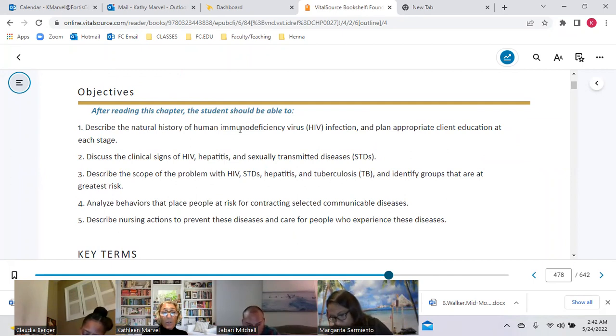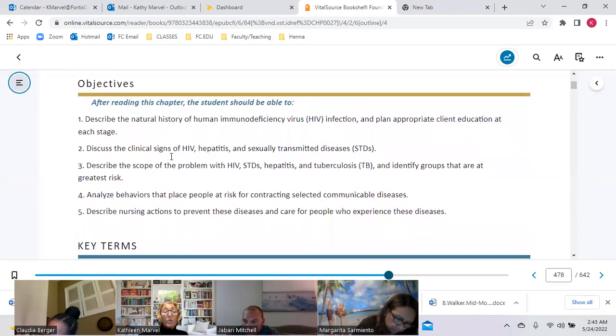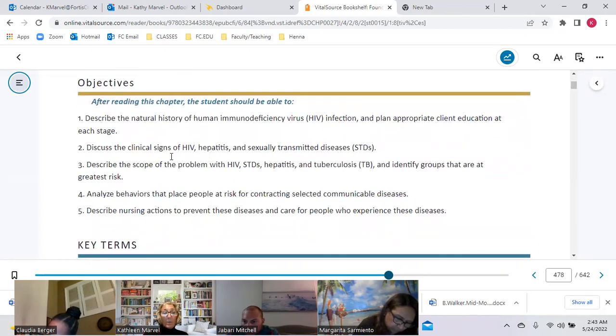When you're looking at HIV, you need to just be able to describe the natural history of it. What kind of education does the client need for just HIV? And then what are the clinical signs, so go back into each of these four health issues and just pull out these parts that are in the objectives. Just discuss the clinical signs of HIV, hepatitis, STDs. Who's at risk? Objective 3, who's at risk?